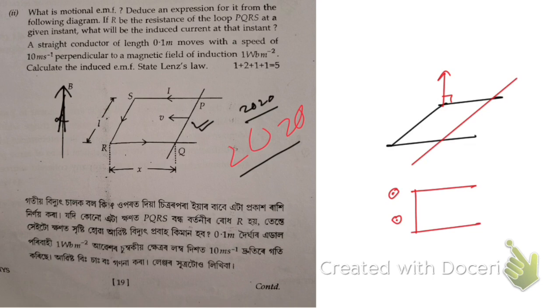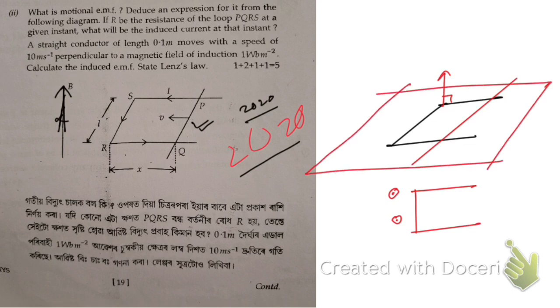That means the magnetic field lines are normally coming out of the screen of your device. Or you can consider the plane of the frame perpendicular to the screen, then the magnetic field is upward and perpendicular to this frame.